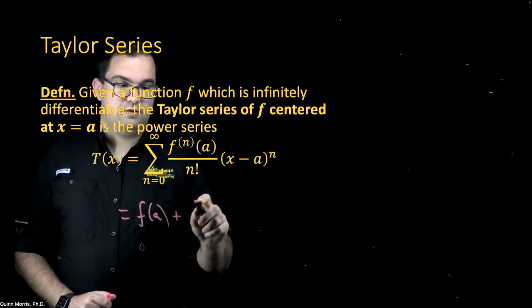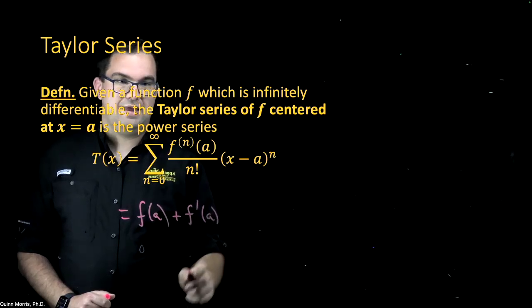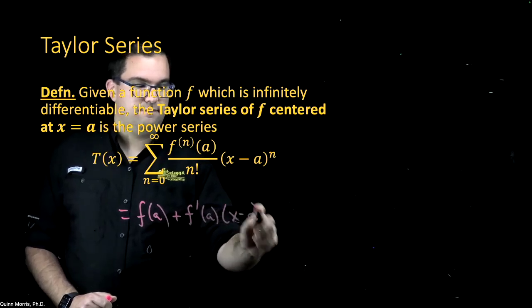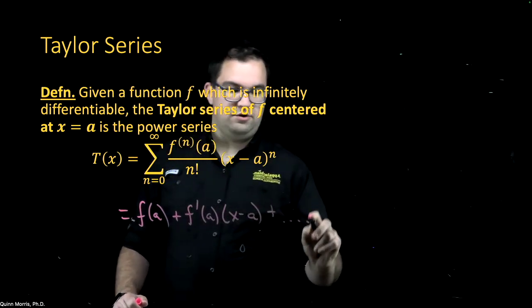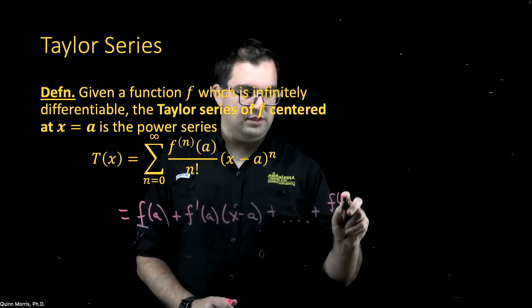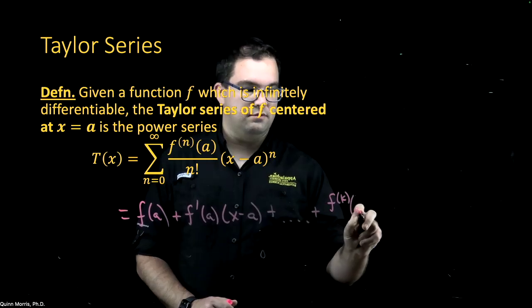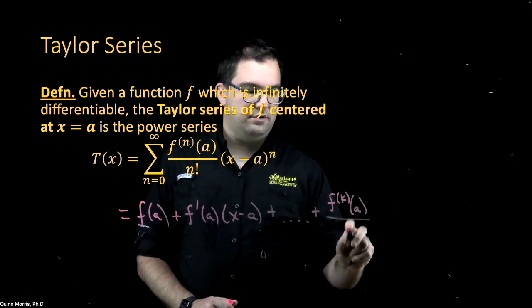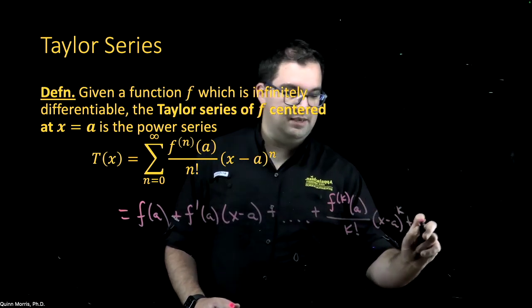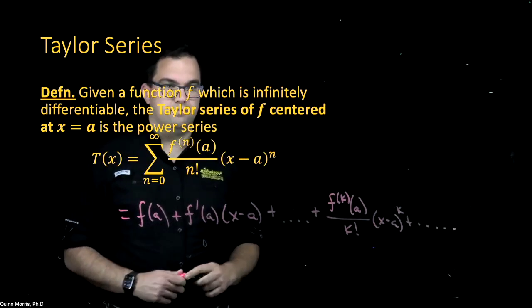When you put in 1, you would get the first derivative at a divided by 1 factorial, which is just 1, times (x minus a). Plus, now you just keep going. And so your kth term is the kth derivative at a over k factorial times (x minus a) to the k, and you just keep going forever and ever.